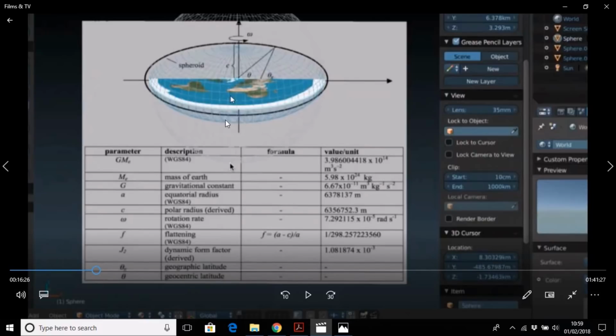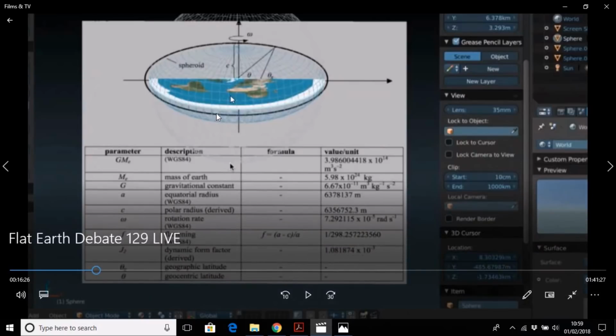Hopefully he didn't mean it's 33 kilometers across from side to side, because, well, that would just be ridiculously small. But this is a complete misunderstanding of what these values and units and formula actually are, and a complete misrepresentation of what WGS84 actually is.